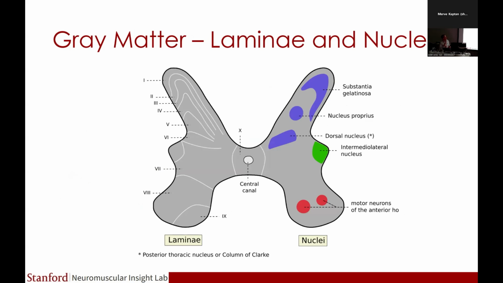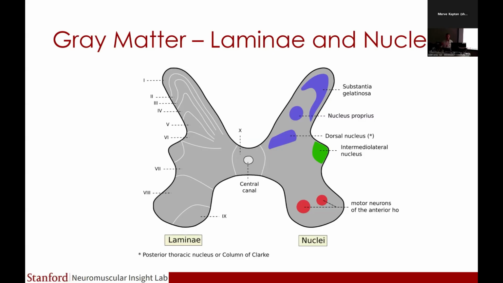Talking a little more about the gray matter, there are a couple of ways to discuss the gray matter anatomy. One is to break it down into Rexed laminae, which are based on their cytoarchitecture.